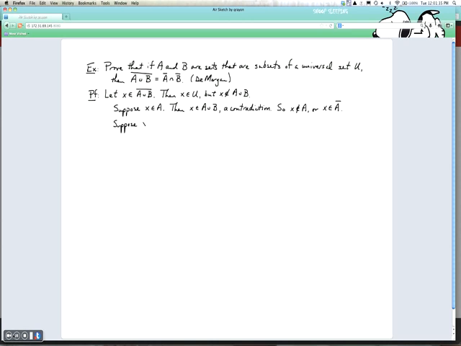Suppose it's in B. Well, once again, that would mean that X is in the union of A and B, which is a contradiction. So X is not an element of B, but it is in the universal set. So we can say that X is in B complement.